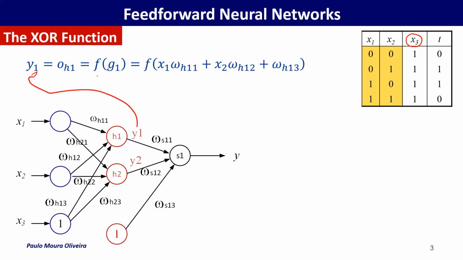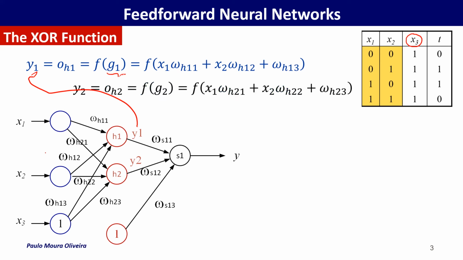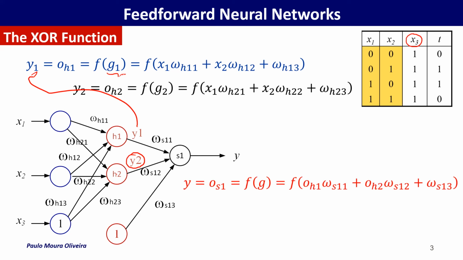So we have the weighted sum g1, and the output is the activation function which takes as input the weighted sum. We can do this also for y2, which is the output for the hidden neuron 2, and of course for the output of the network, which is this y.